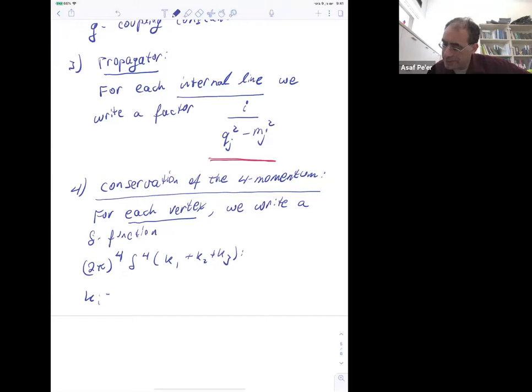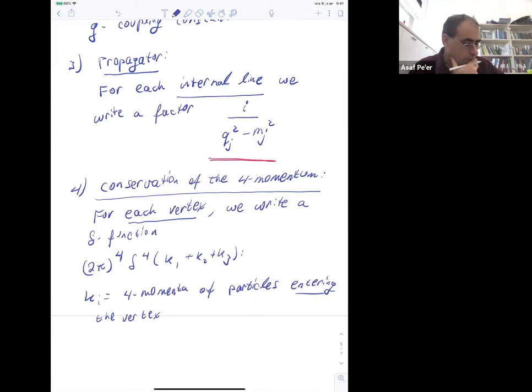Which means that the arrows that we drew in rule number 1 are pointing towards the vertex.